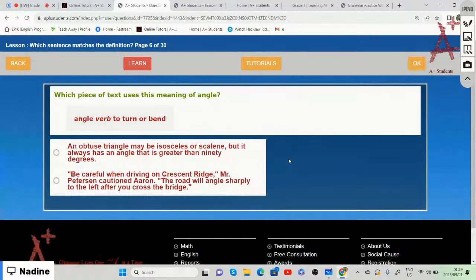Now we need angle. Which piece of the sentences uses the meaning of angle? An obtuse triangle may be isosceles or scalene, but it always has an angle that is greater than 90 degrees.